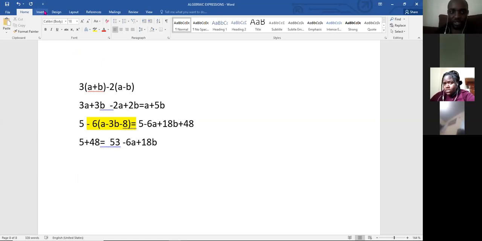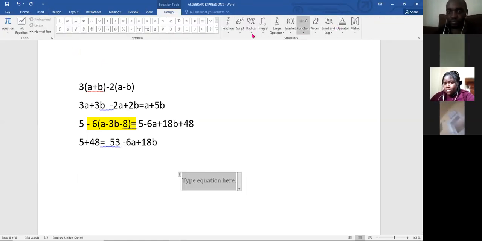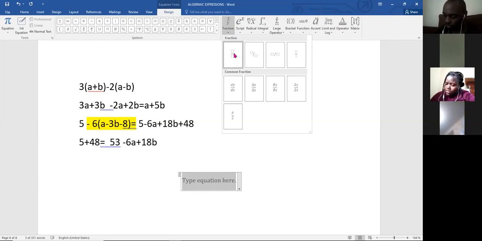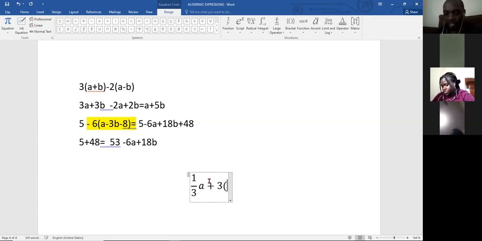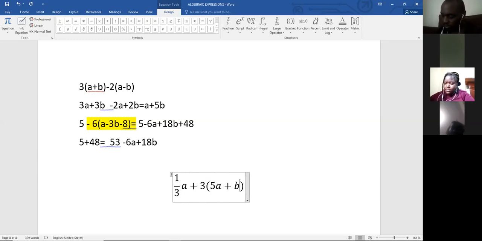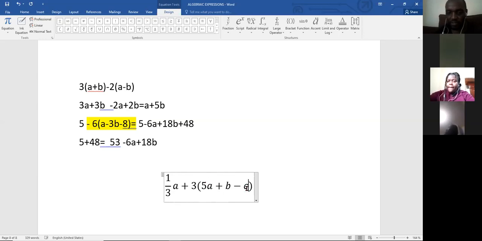So I'm going to insert a fraction here: 1 over 3a plus 3, and then you open the brackets and close the brackets, with 5a plus b minus c inside.